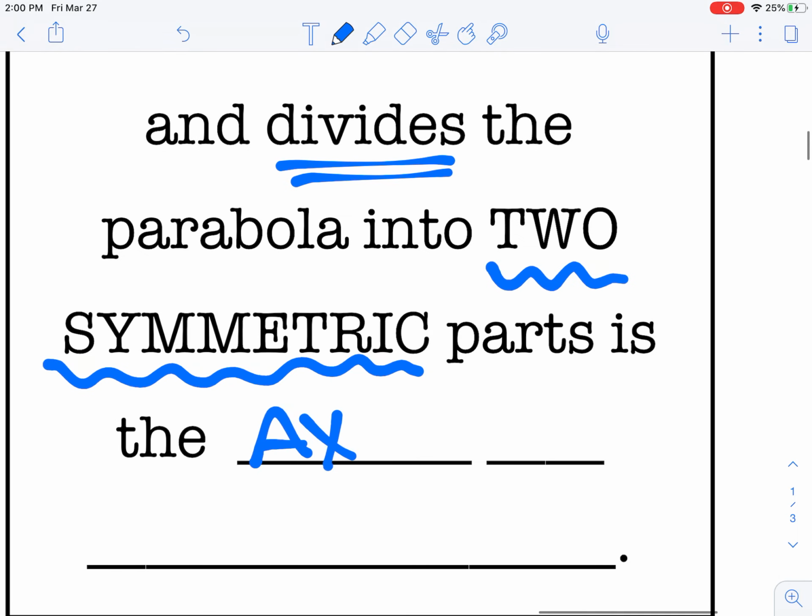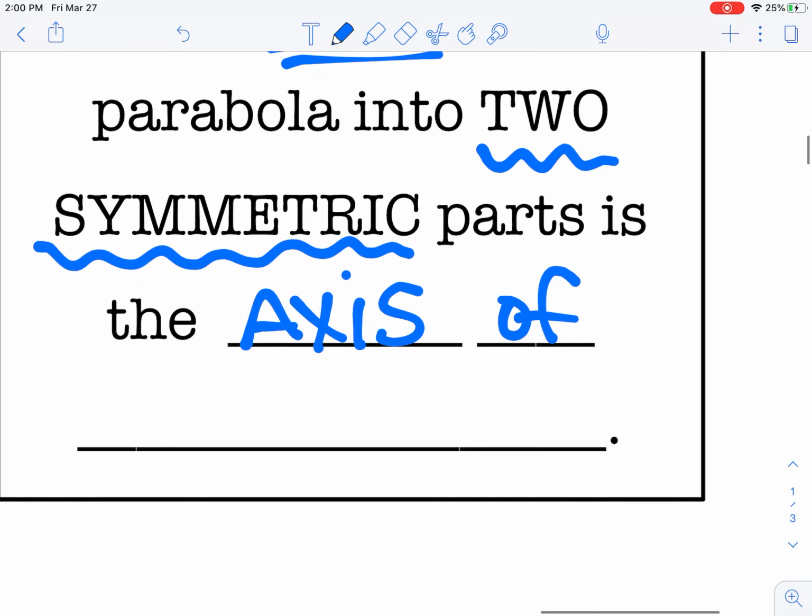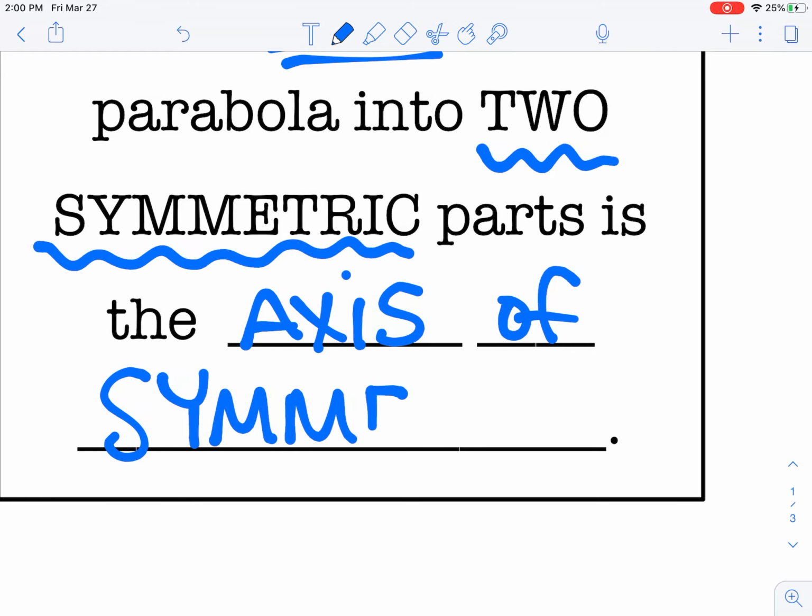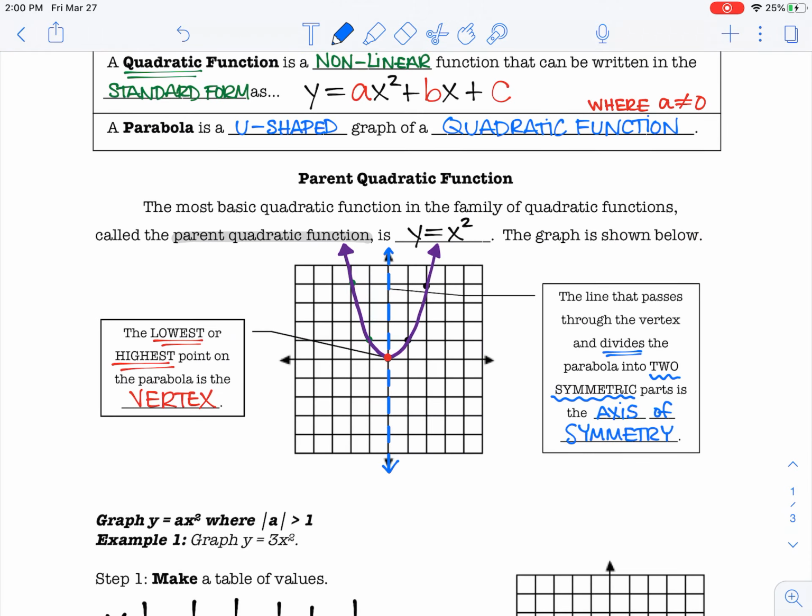We call this the axis of symmetry. Those are the parts of the parabola.